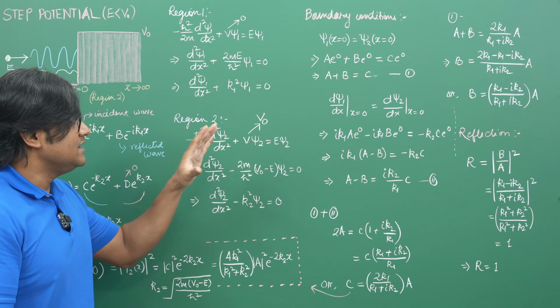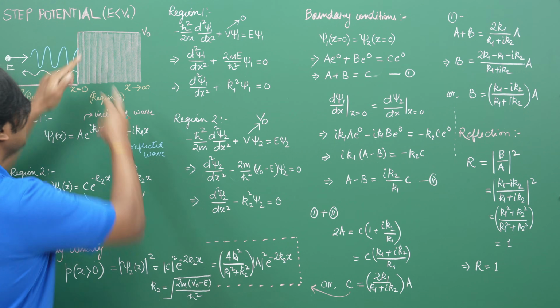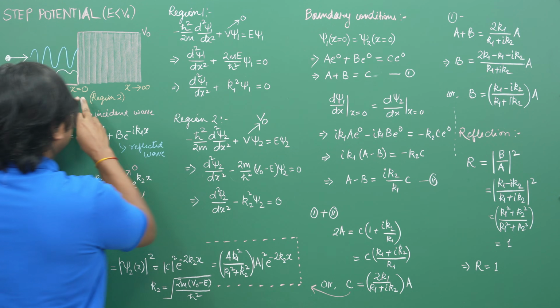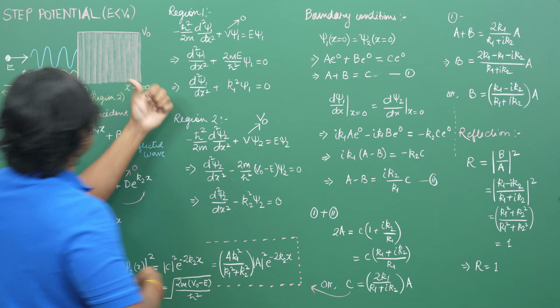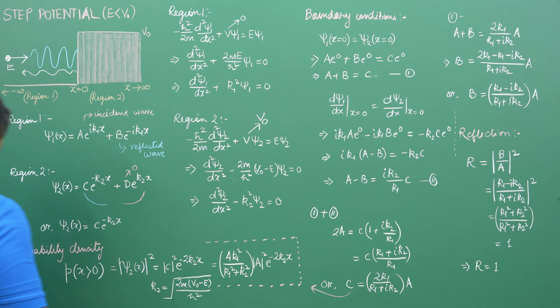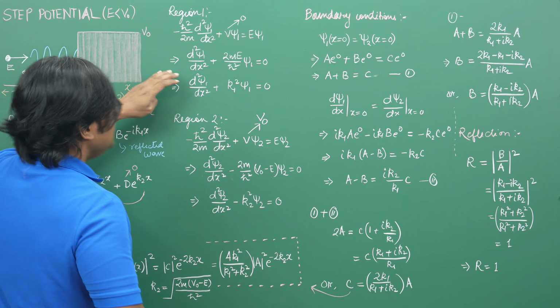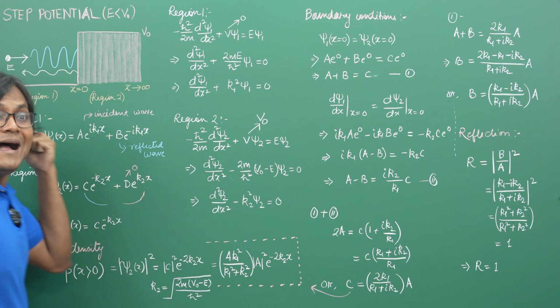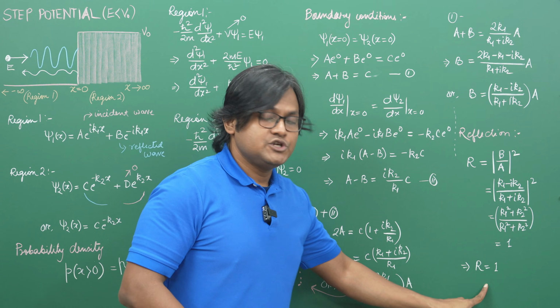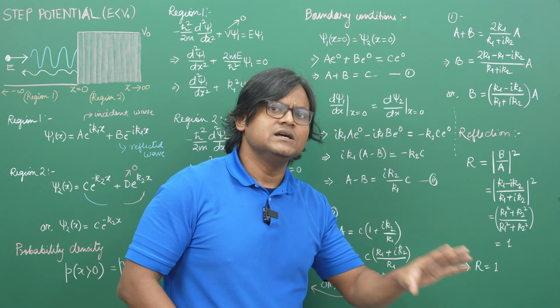However, this is just part of that concept. Because the potential extends up to infinity, the particle cannot keep on going up to infinity. It will eventually come back. If I bombard 100 particles, no matter how deep it penetrates, it will eventually go back.